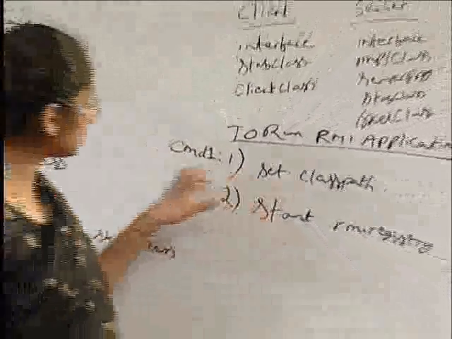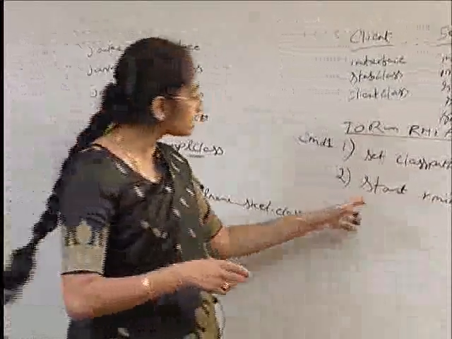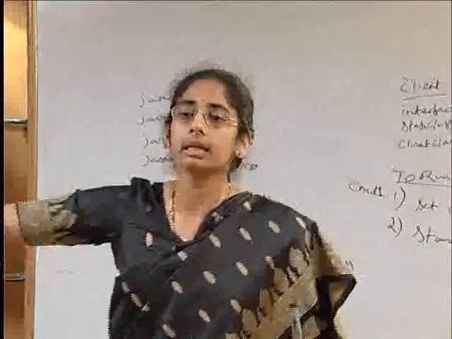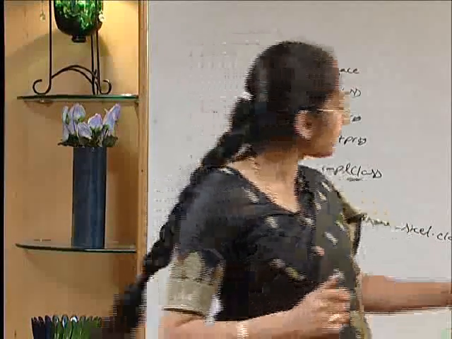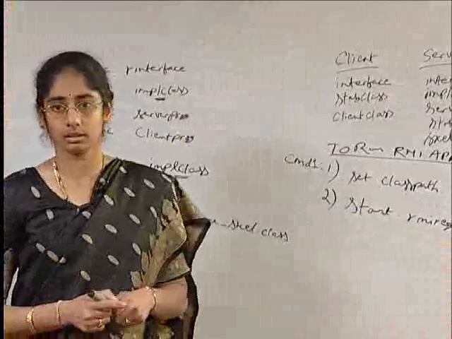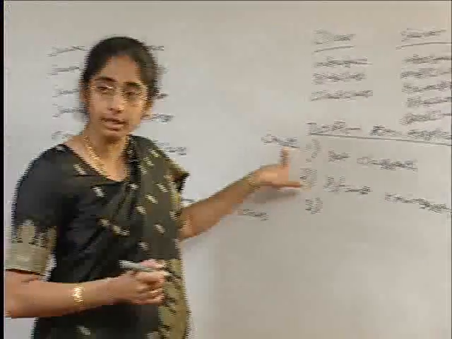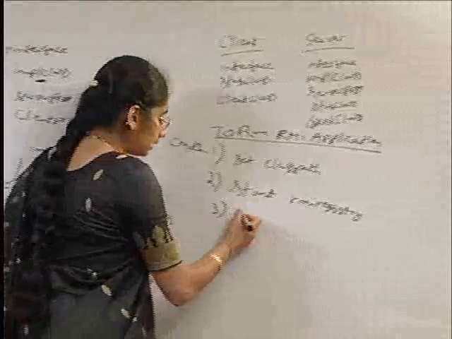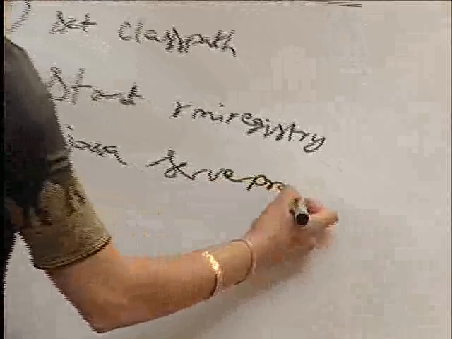We set the class path at this command prompt, then run start rmiregistry. When we call start rmiregistry, it opens a new command prompt window in which the registry is executed with the class path you have set. Now the next step is, the command prompt which you had opened with the class path set is still available for you to use. There you can run your server program, which is going to have your main function in it.